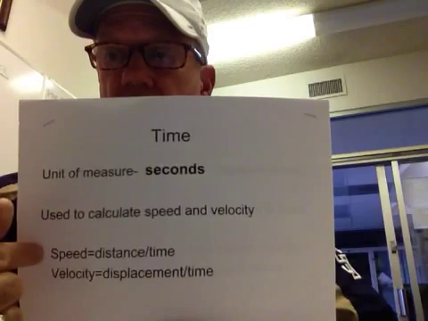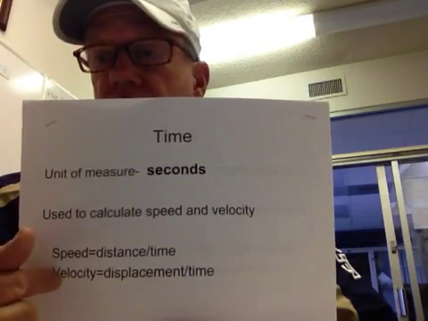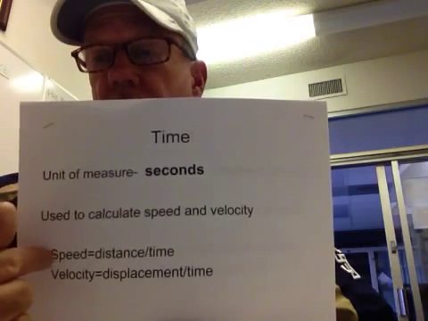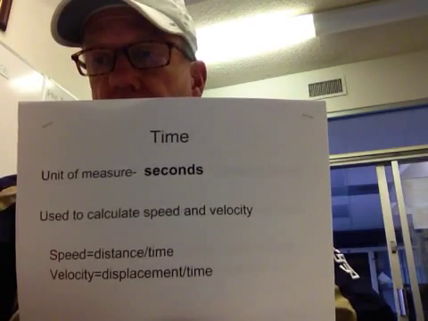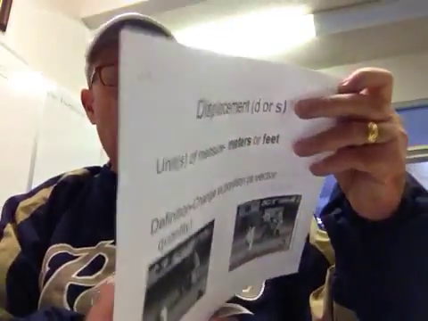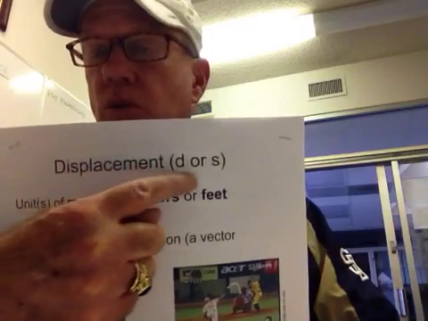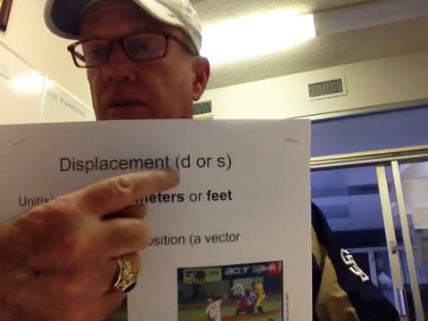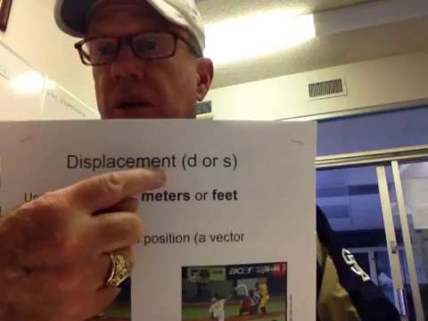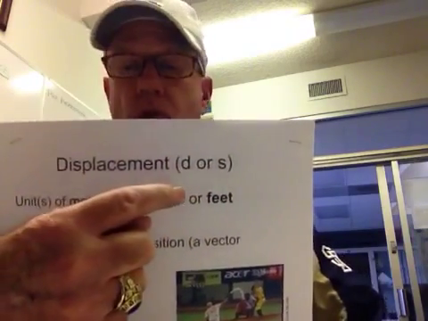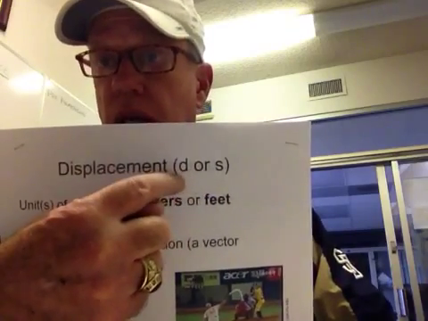This is a vector quantity, and this is not a vector quantity. Okay. All right. And then displacement. The units of measure are either meters or feet. In the shorthand of kinematics, displacement can be represented by S or by D. Okay?